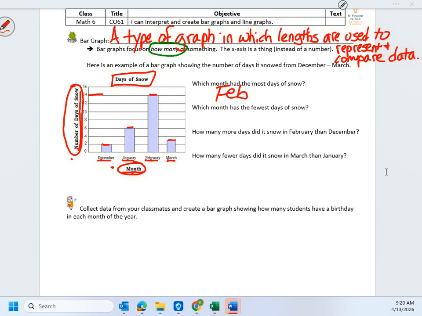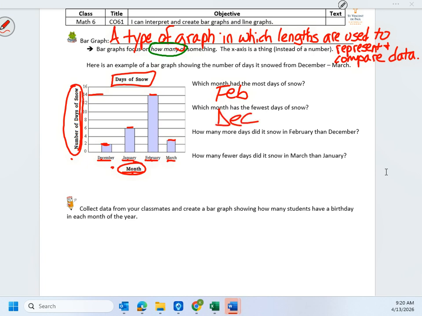So you just have to write your answer. And again, which month has the fewest days of snow would be easy. Instead of the tallest bar, you want the shortest bar. Which month is the shortest bar? Audrey? December is the shortest bar.